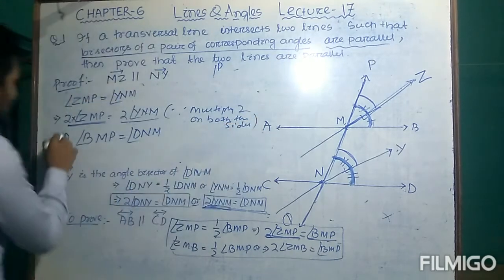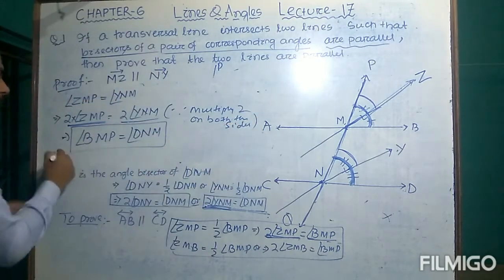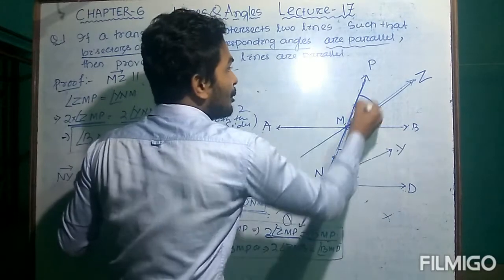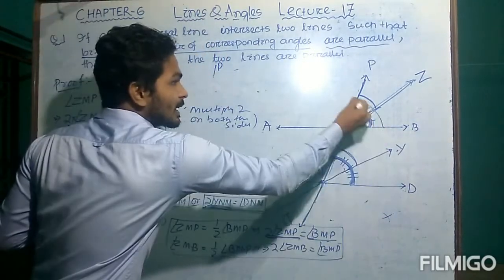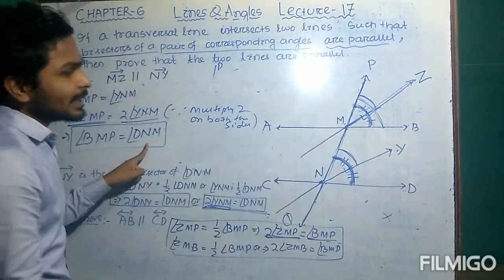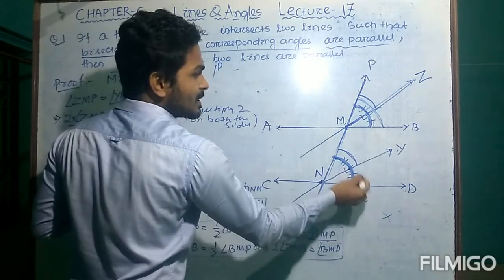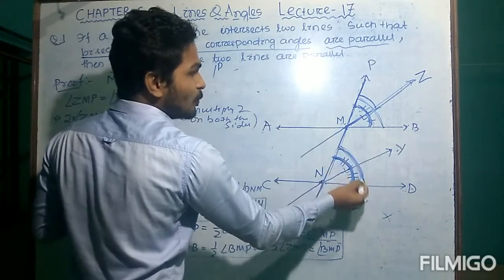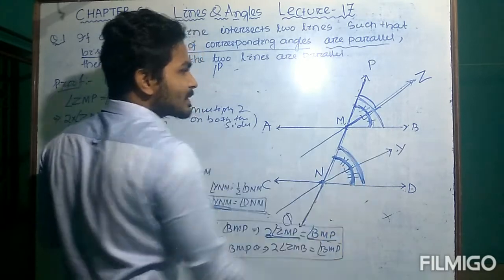So finally we get that the angle BMP, that means this total angle, is equal to the angle DNM, that means this total angle.